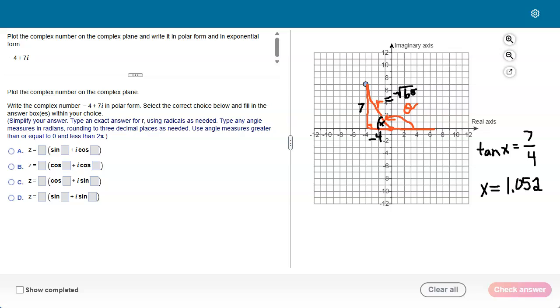Now, if that's the value of x, and I need the value of theta, because I know how polar coordinates work, then I would have to take pi, which would be this angle, and subtract x to get theta. And rounded to 3 decimal places, that would mean that theta is 2.090.